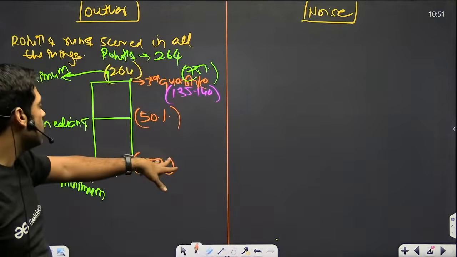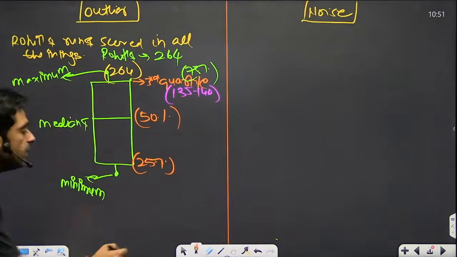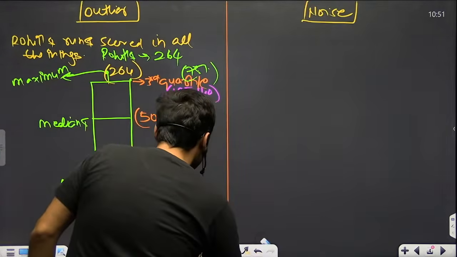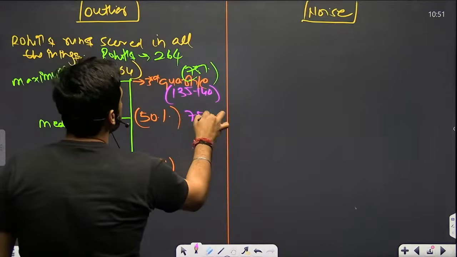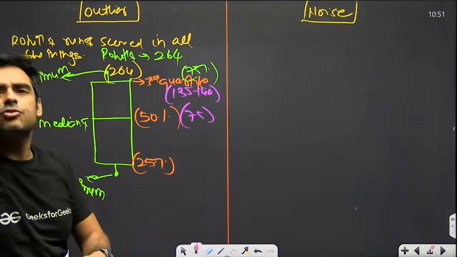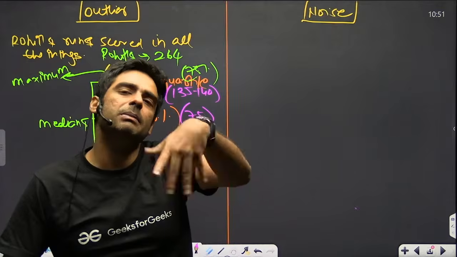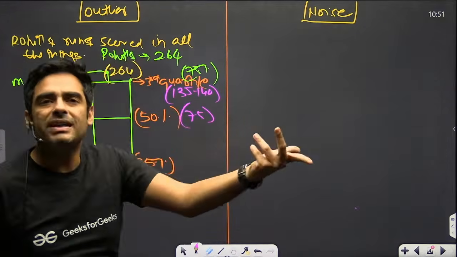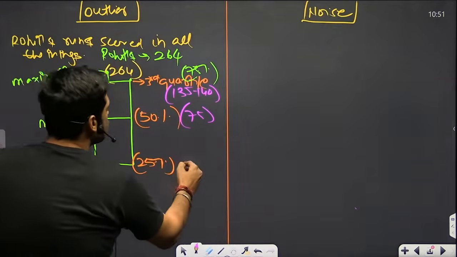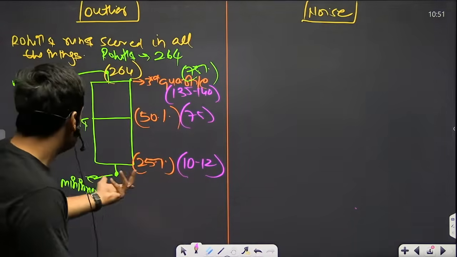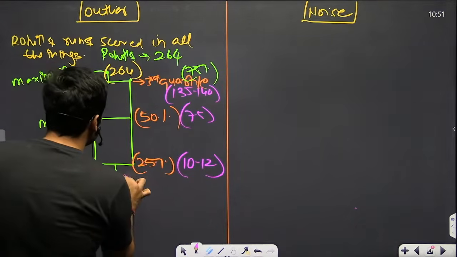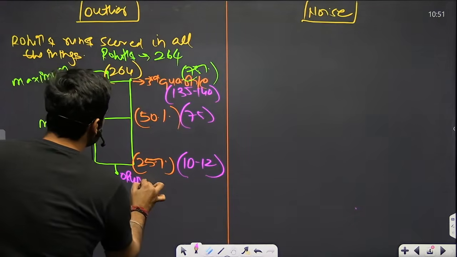Suppose the median score scored by Rohit Sharma may be around 75 to 80 runs, and the first 25% score may be around 10 to 12 runs. Because he has got out on a duck, no? So the minimum score would be 0 runs.